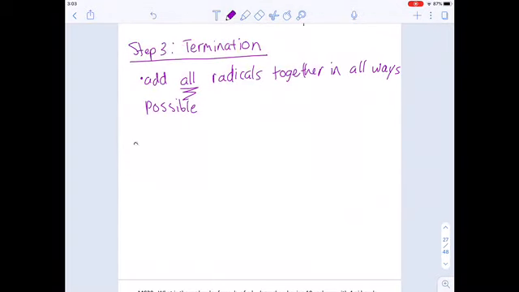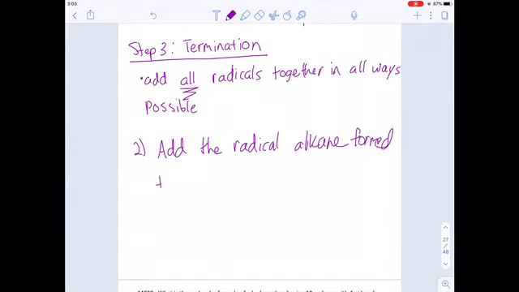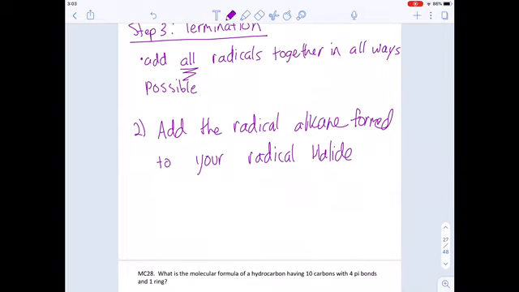The second way that you can add radicals together is by adding the radical alkane formed plus your radical halide. So, using the example from before, say we did this.